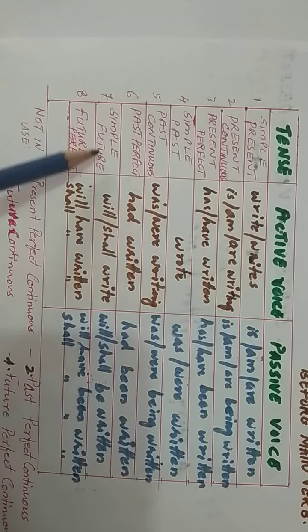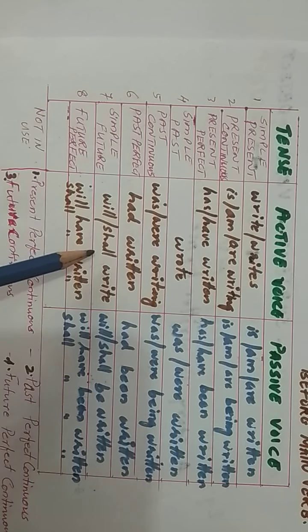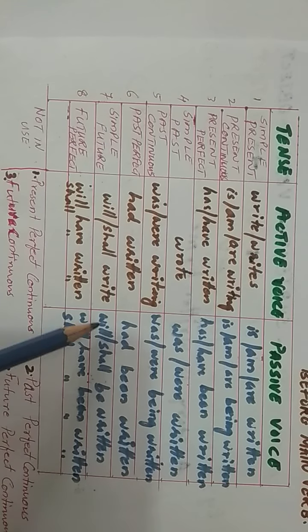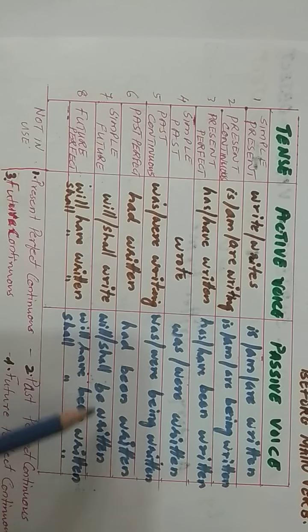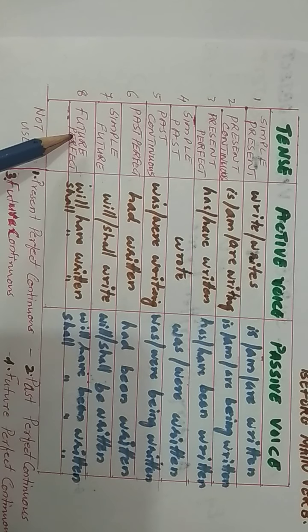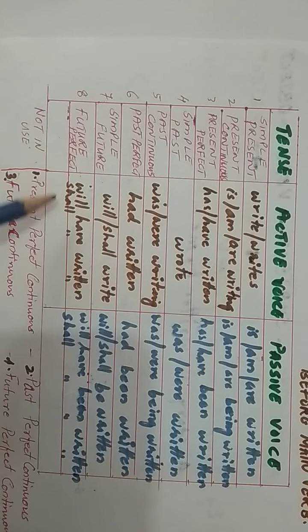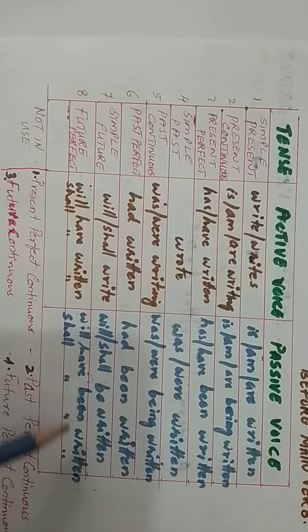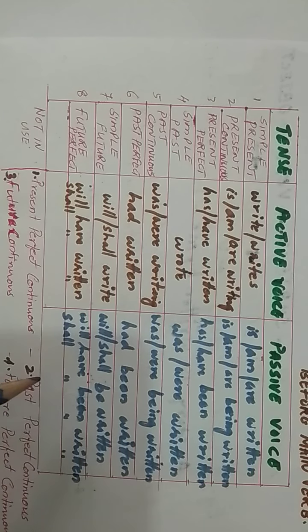And the seventh one, simple future tense, will or shall write is changed into will or shall be written. And the eighth, that's the future perfect tense, will have written or shall have written is changed into will have been written or shall have been written.